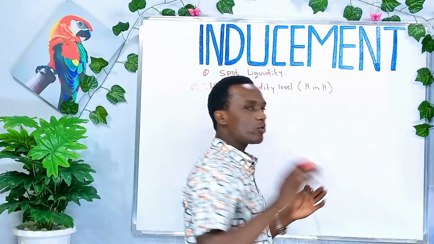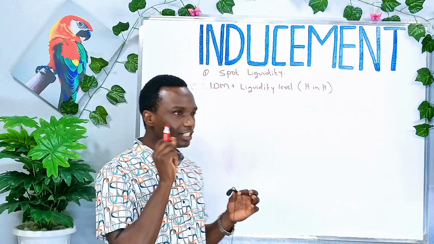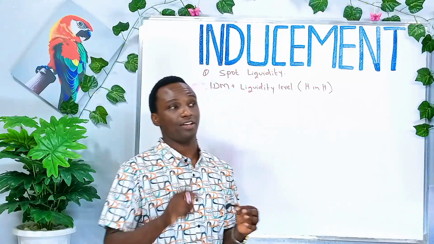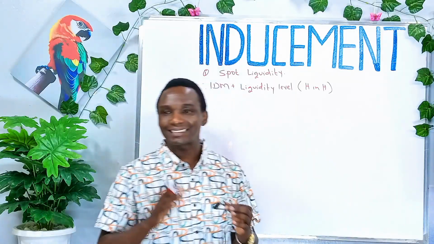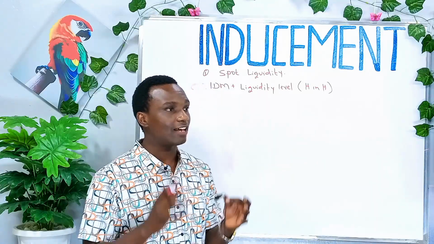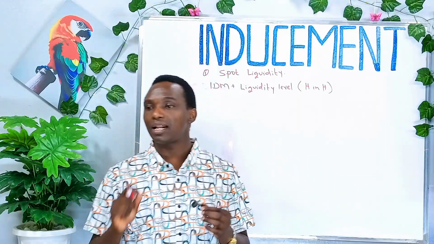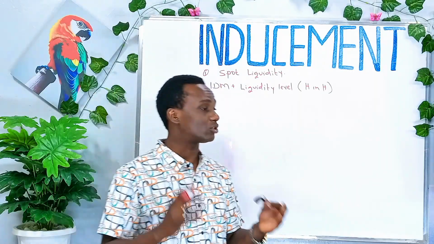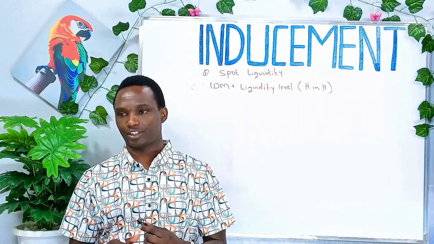Okay, where you spot the liquidity level, just know that the inducement levels are there. Okay, so usually the price takes out the liquidity, including the inducement levels, and trades into deeper supply and demand zones before reversing into your directions.